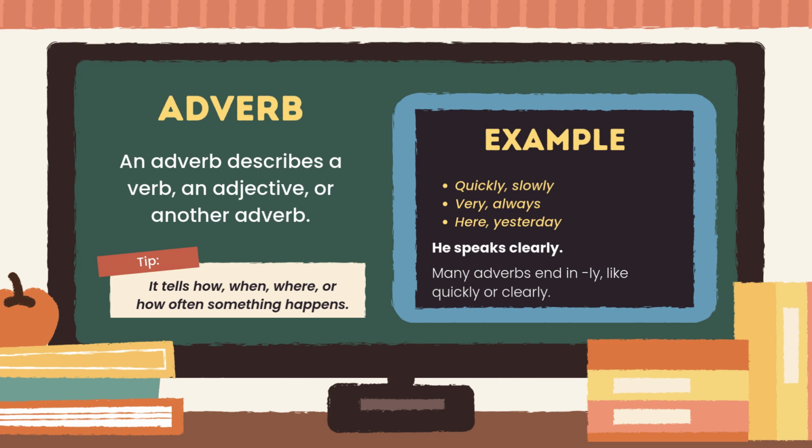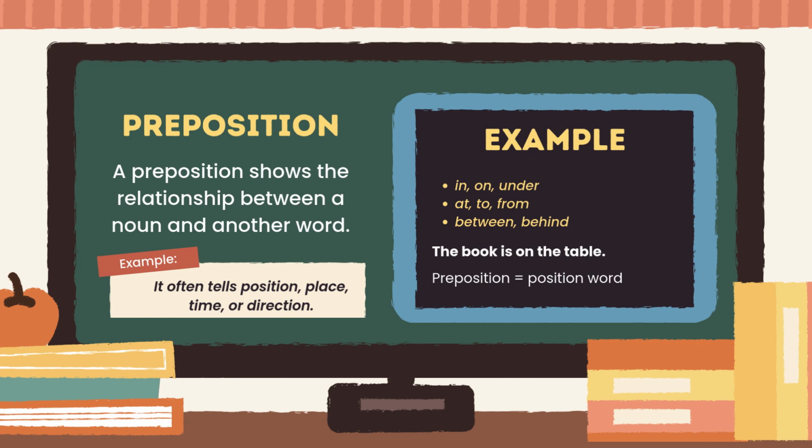Then comes prepositions. Prepositions show the relationship between a noun and another word. इसको हम सिंपल में ये भी कह सकते हैं दो वर्ड्स के बीच का रिलेशन बताने वाले वर्ड्स. फॉर एग्जाम्पल इन, ऑन, अंडर, एट, टू, फ्रॉम, बिटवीन, बिहाइंड. द बुक इज ऑन द टेबल. हियर preposition इज ऑन. वो किताब टेबल के ऊपर है.